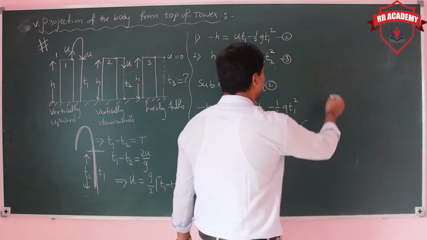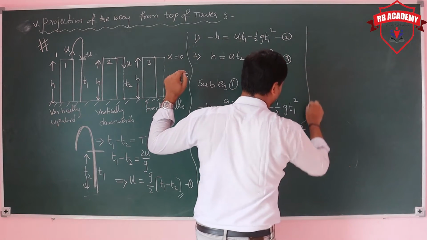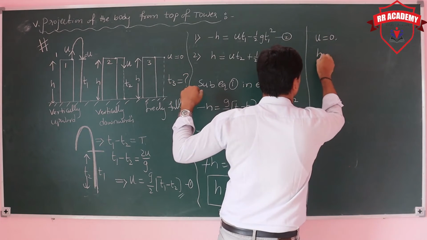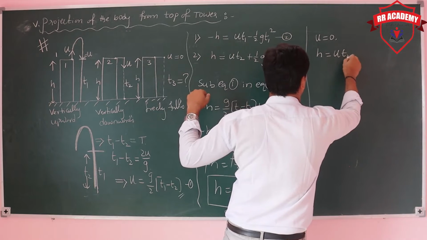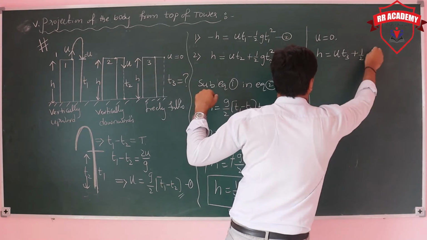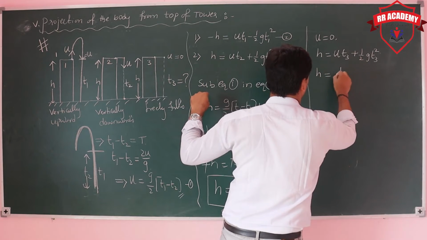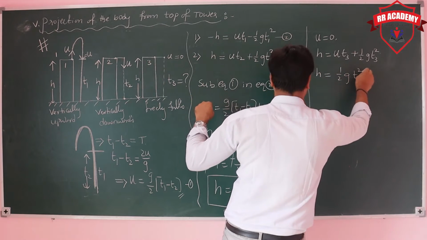So see here again, take for the freely falling body. For freely falling body, u is equal to 0. Then h is equal to u t3 plus half g t3 square. So that means h is equal to half g t3 square.